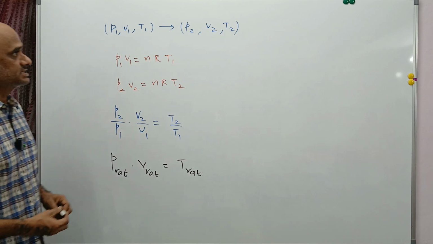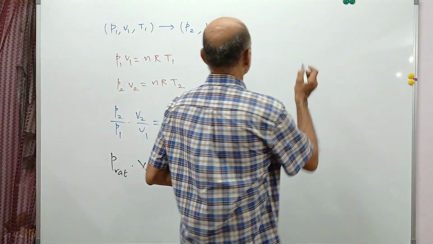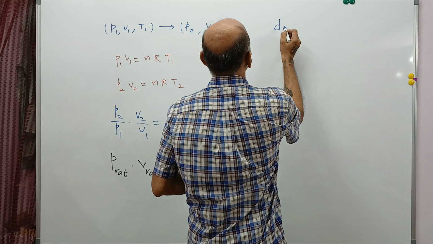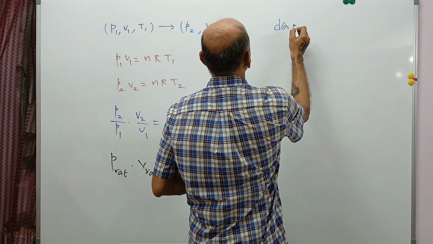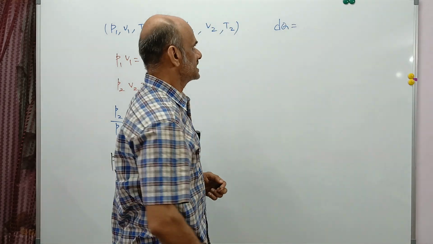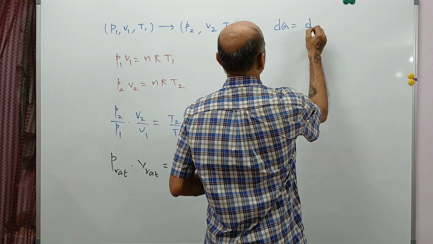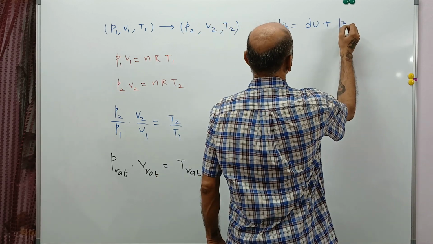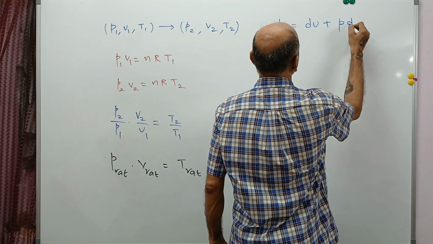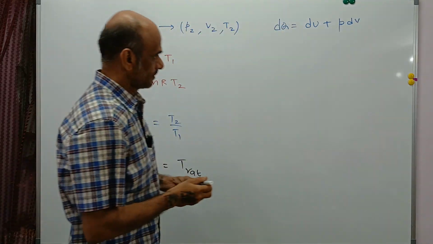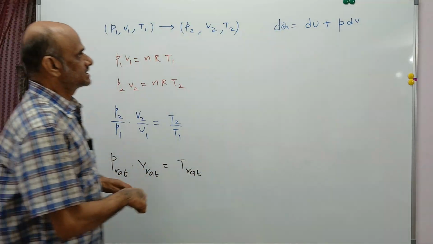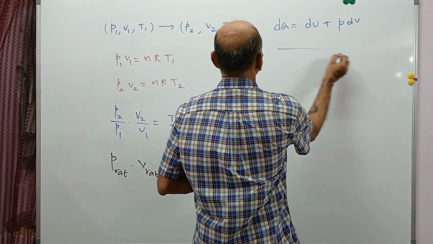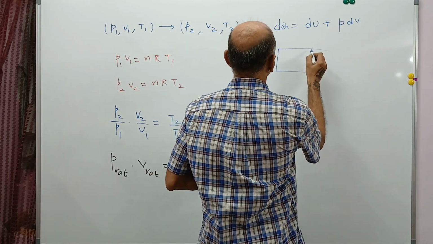Another basic concept is the first law of thermodynamics. If we supply heat to a gas, say dq, then the thermal energy of the gas will increase by an amount dU, and some part of the heat supplied will be used for doing the work, PdV. Let me consider the gas inside a cylinder with a piston.